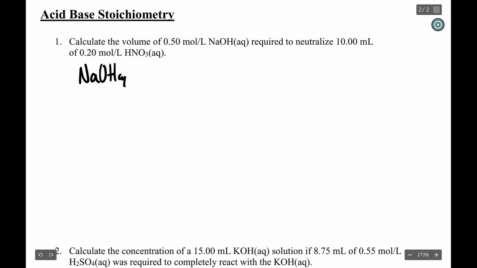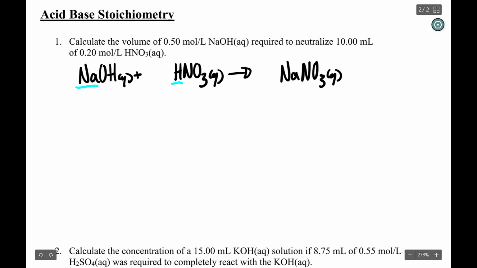So sodium hydroxide plus HNO3. Now I'm going to do a traditional double replacement reaction here, where sodium swaps with hydrogen because they're both positively charged in these compounds. That's going to make sodium nitrate, which again is 100% neutral.